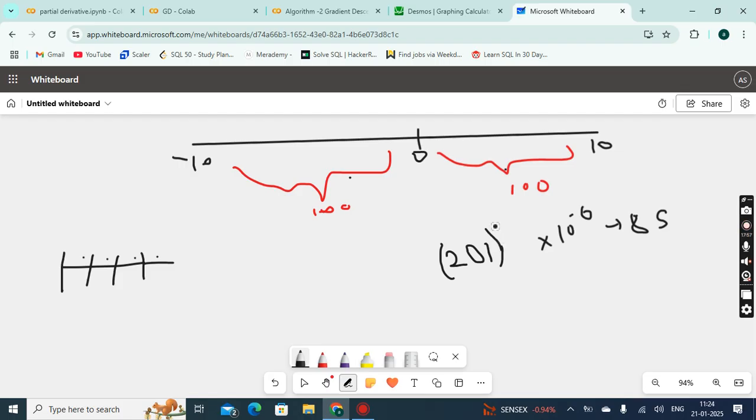So 201 to the power of 4 into 10 to the power minus 6, and here the time will rise up to 27 minutes, right? Now if I do this with 5 columns, how much do you think the time will grow?